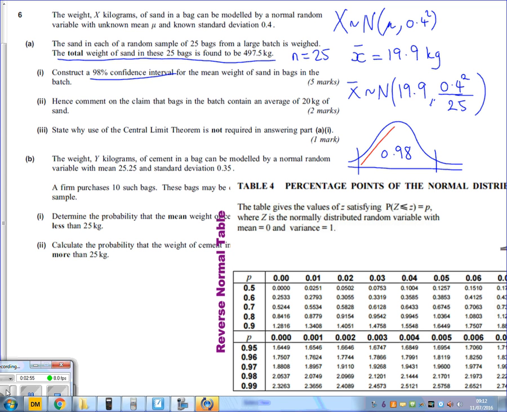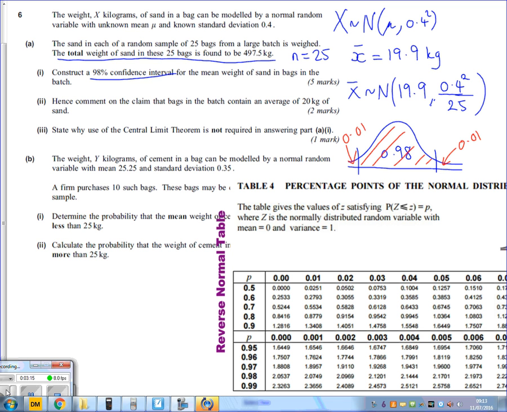I want 98% of the data in the middle. So I need to think about at the ends, I've got 0.02 divided into these two parts here. So I've got 0.01 in each of those parts at the ends.